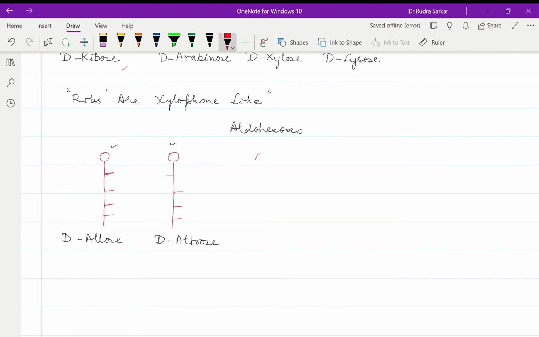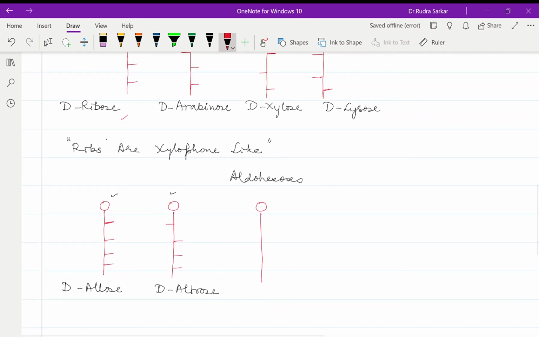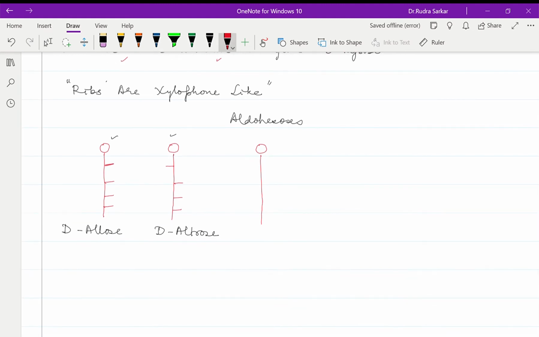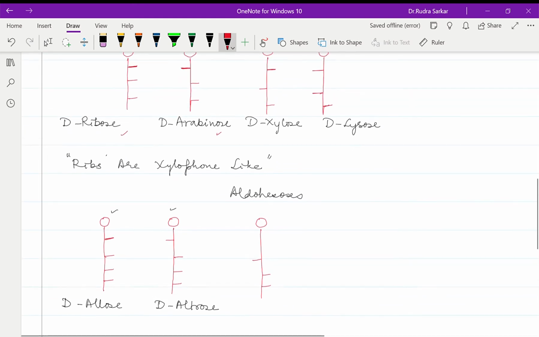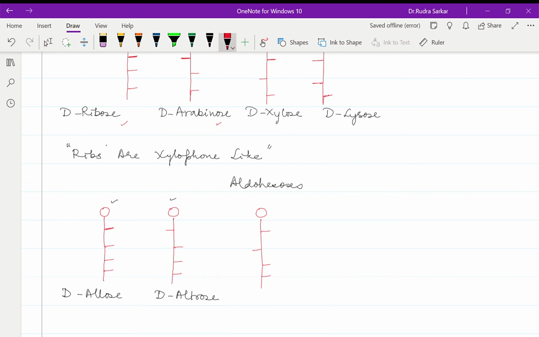Now let's draw the other hexoses. So now we are going to use which one? Arabinose. So let's draw 1, 2, 3. So this is my arabinose, just check. Okay, now you place the OH group on the right hand side, you get one of the hexoses.